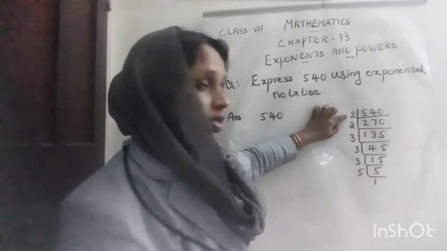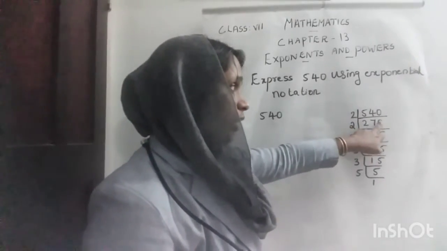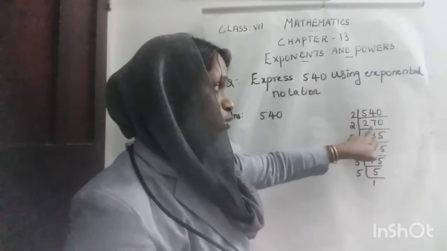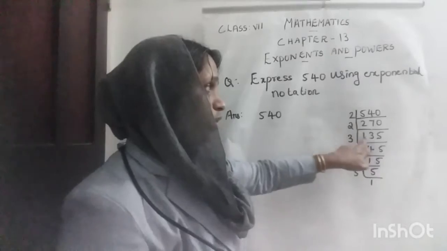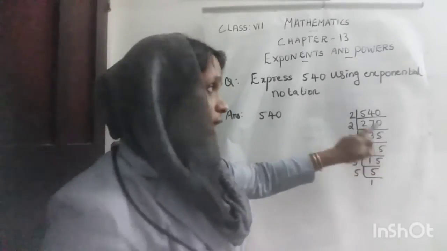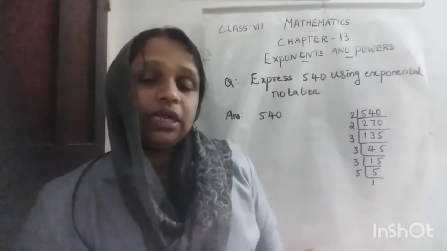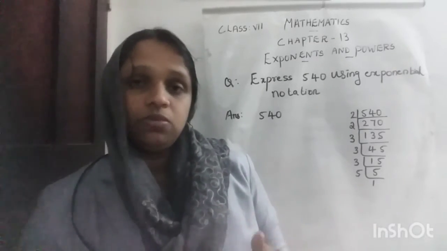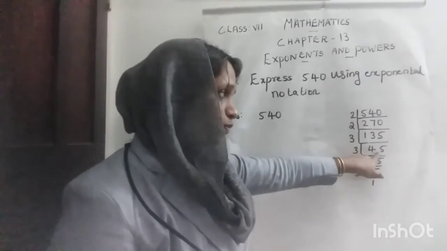So the first prime number is, we know, 2. 540 divided by 2, it is 270. And 270 divided by 2, it is 135. And here 135, we want to use the next prime number. In 2 it is not possible, so we want to move on to 3. While dividing with 3, we get 45.